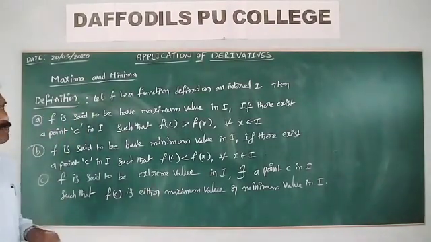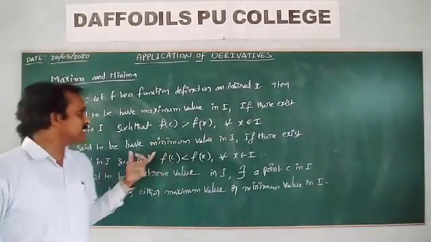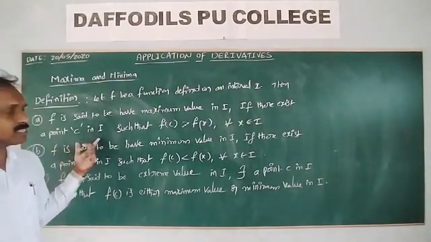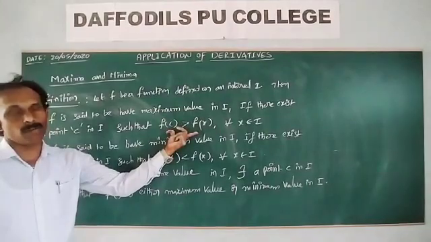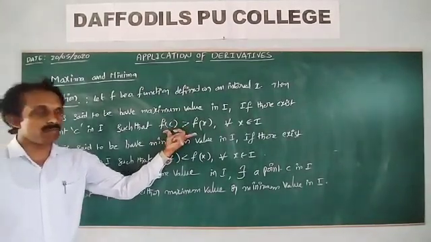Let f be a function defined on an interval I. Then f is said to have a maximum value in I if there exists a point C in I such that f of C is greater than f of x. This is called maximum, and the point C is called the point of maximum.